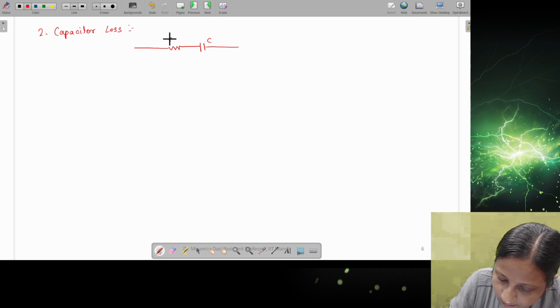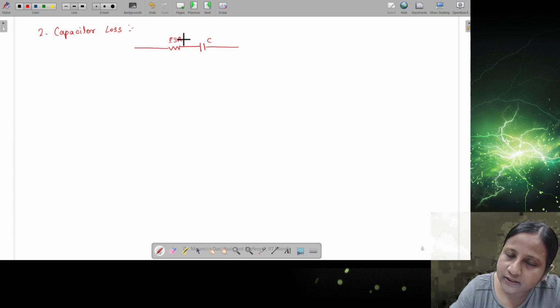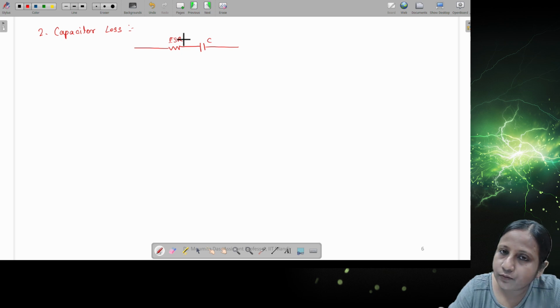Depending upon the value of the capacitor, this ESR parameter will change. Now how to select this capacitor? Is there any factor which affects the capacitor ESR? Because the ESR component is very important in a capacitor, that will cause the power losses, right?